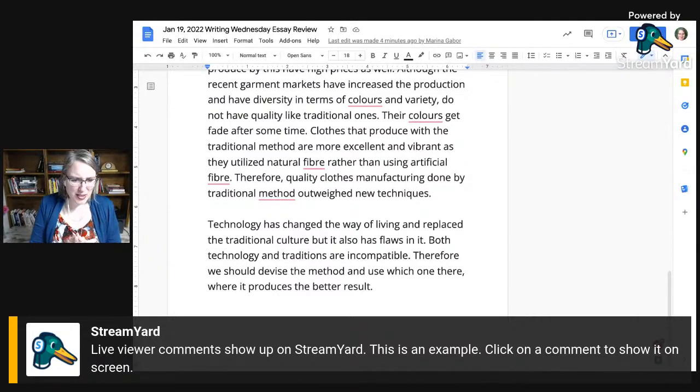I'm not sure technology and traditions are incompatible. I would think about rephrasing that. Therefore, we should devise a method and use which one where it produces the better result. I think that's a great way to end because it throws it back on the reader. It still gives your opinion.